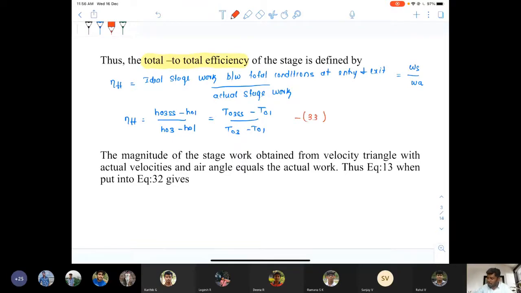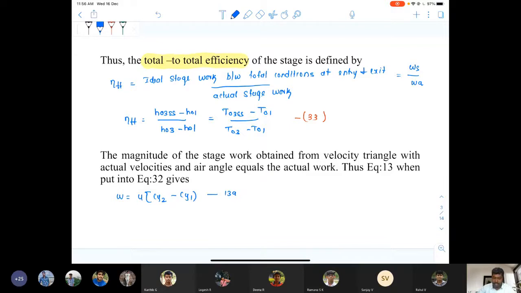Now, if we put equation number 13 into equation 32, equation 13, which we discussed in the stage velocity triangle, is W is equal to U into Cy2 minus Cy1. This is 13a.